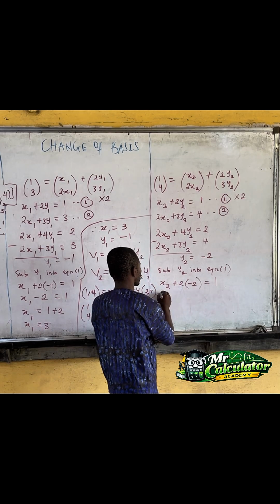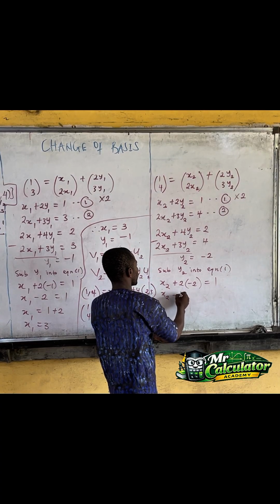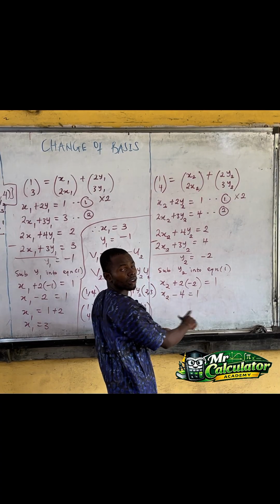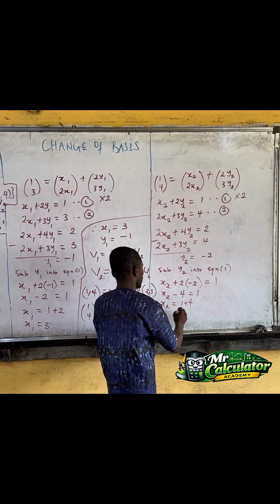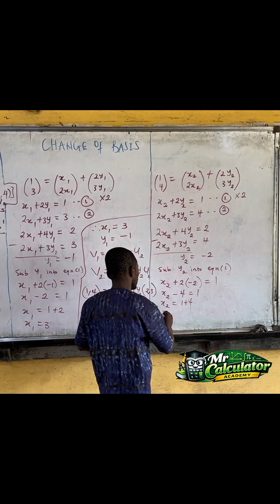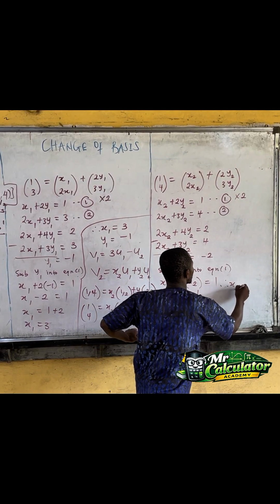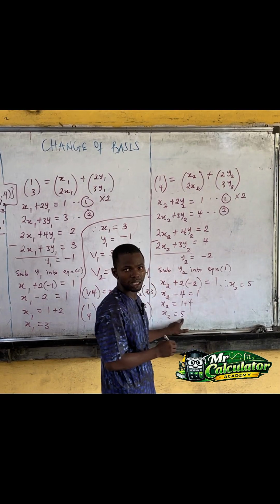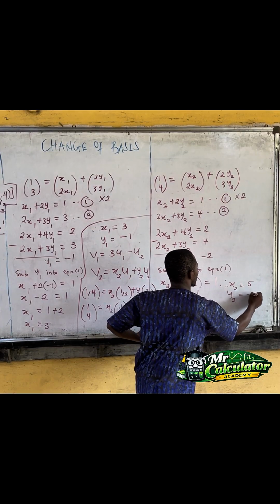Which means that x2 plus times minus, minus 2 times 2, 4, equal to 1. Collect like terms. x2 will now be 1 plus 4. So x2 is equal to 5. So in conclusion, x2 equal to 5, as you can see, and y2 equal to minus 2.